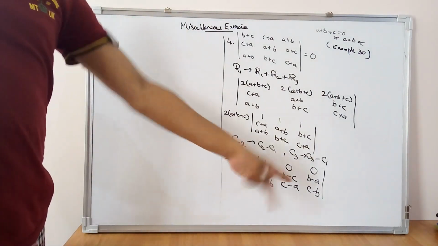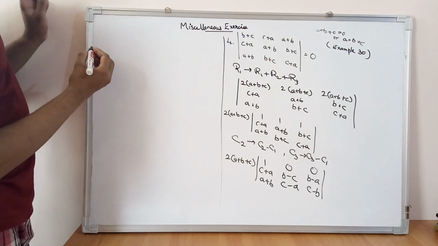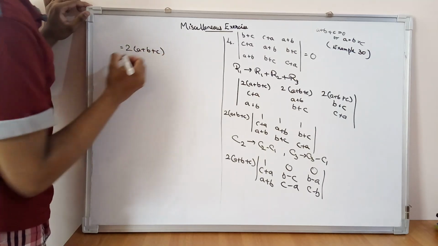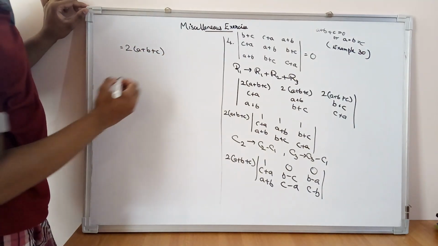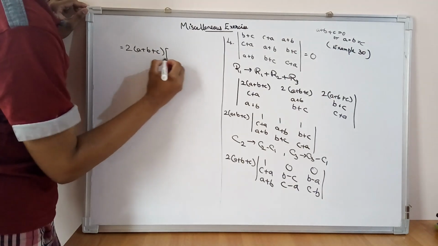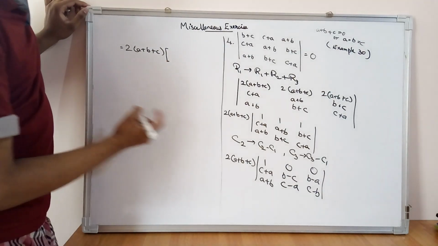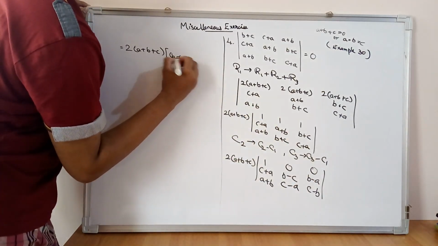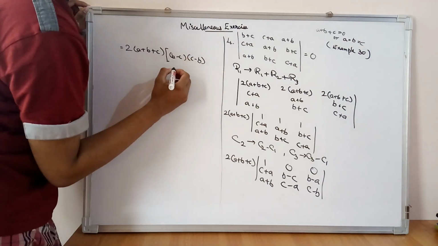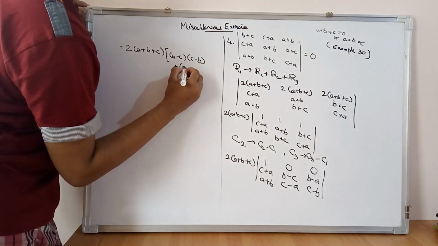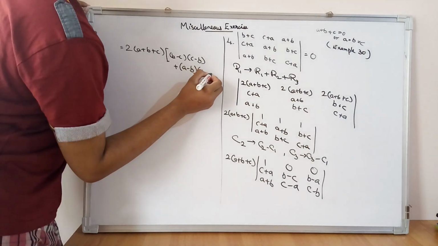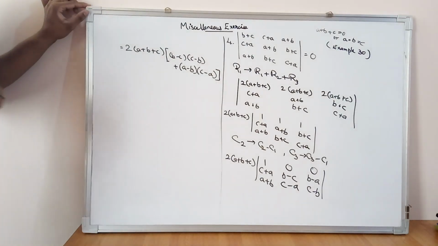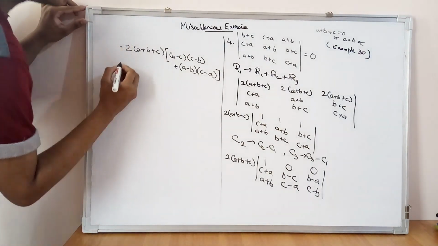Now the remaining thing is just to evaluate the determinant. We get 2 times A plus B plus C into, expanding using the first row, 1 into B minus C into C minus B plus A minus B into C minus A. We'll expand this and see what we get.